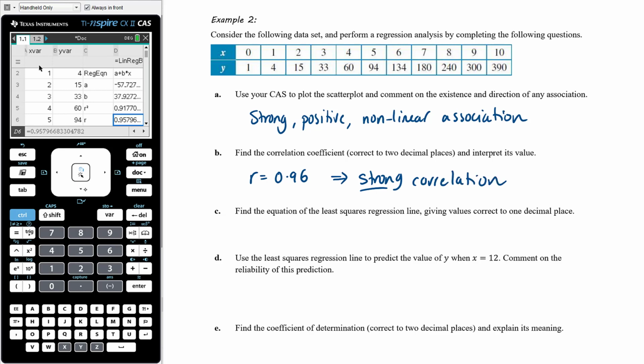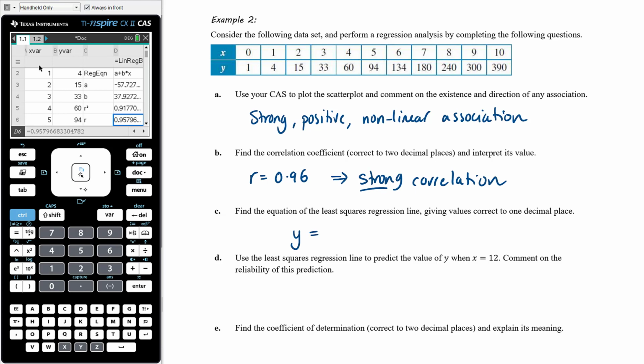Find the equation of the least squares regression line giving values correct to 1 decimal place. Okay, so we've done that in answering part B. We've got our A and B values for our regression equation. So we don't have any actual variables, so we're just using Y and X. So Y is equal to A plus BX.